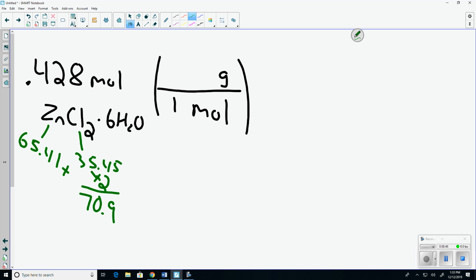Now, here's what I prefer to do. Hydrogen's 1.01, and there's 2 of them. Oxygen's 16. In general, I just remember that water is 18.02. Because I have 6 waters in my formula, I'm going to multiply that by 6. That way, I don't have to do 12 hydrogens and 6 oxygens and add all together.